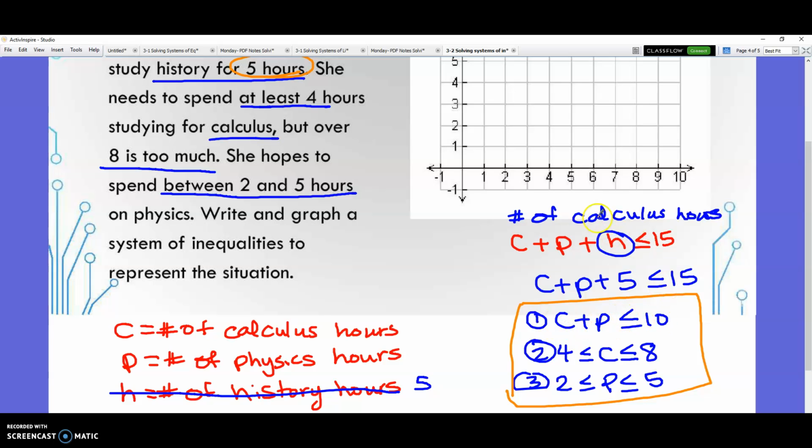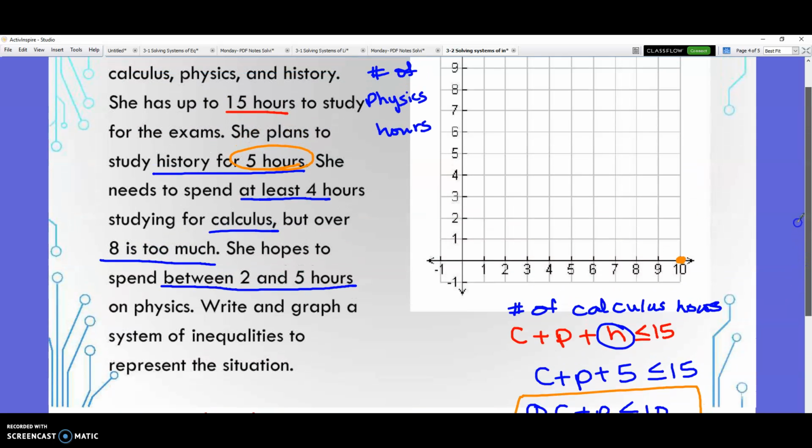Between these two, 10. So if she spent all 10 hours studying calculus, that means she would have 0 hours left for physics. If she spent 9 hours on calculus, then she could spend 1 hour in physics. And then we're just going to keep on continuing this trend.